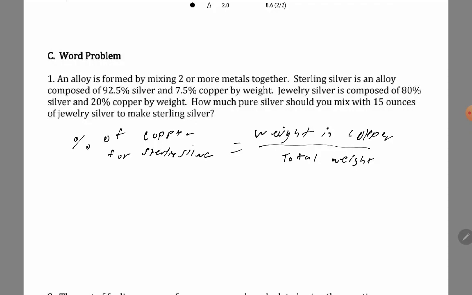And we know that the percentage of copper for sterling silver is 7.5 out of the 100.